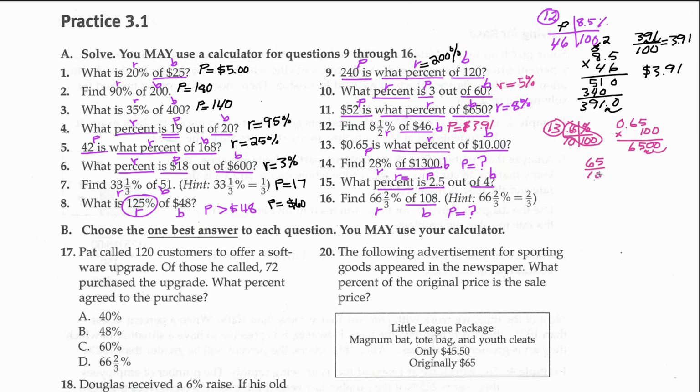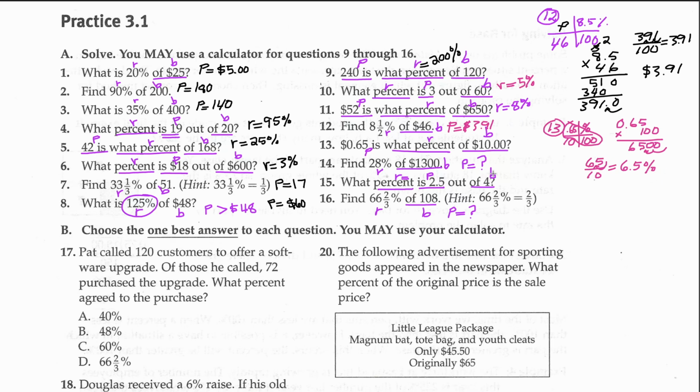So step number 2, divide 65 by 10. If you divide by 10, that is the same thing as you only need to move 1 decimal here. So that's why we have 6.5%. So 65 cents, or 0.65 here, is 6.5% of the $10.